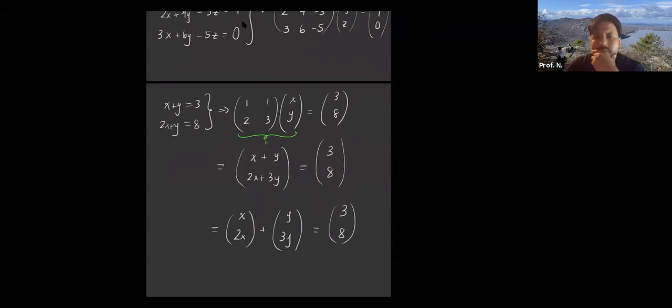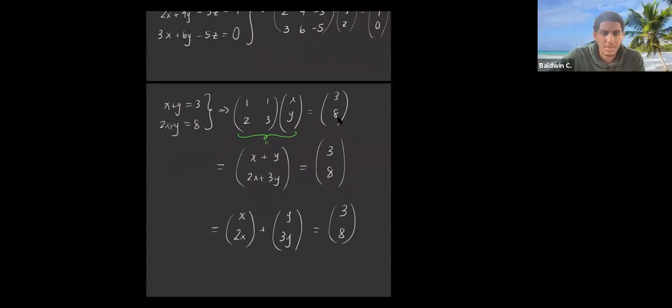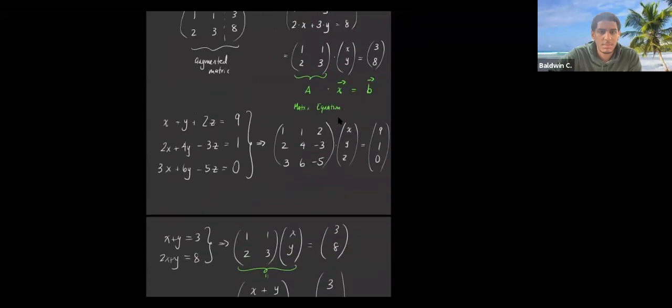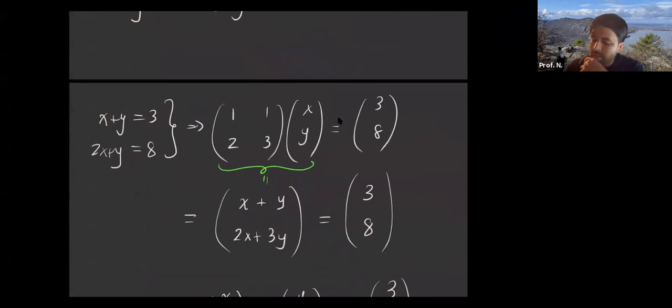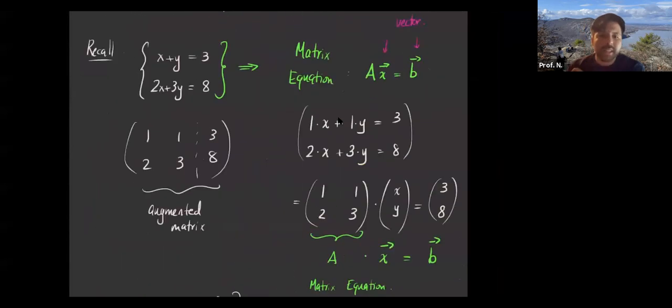Yes, Baldwin? I just have a quick question. Where did you get the 3 on the second row? Oh, I think I just rewrote it incorrectly. Pardon me. This should be 2X plus 3Y. I was using the previous example again.